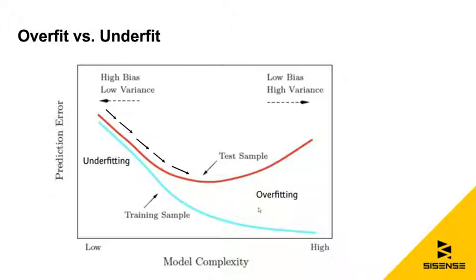But at some point, from the middle point on, the training accuracy keeps going up, but the test sample accuracy is starting to go down, or the error on the test sample is starting to go up, and this is where we are starting the overfitting.